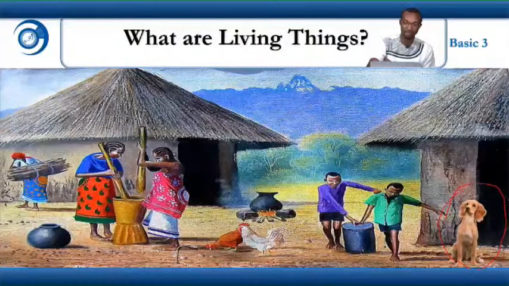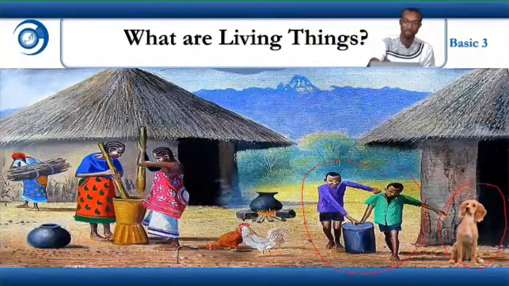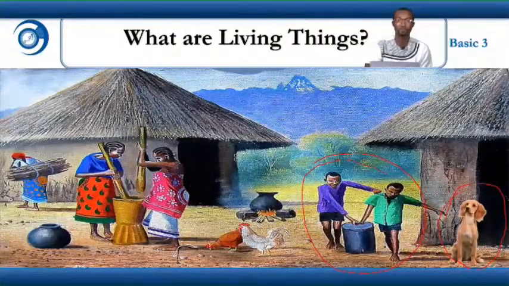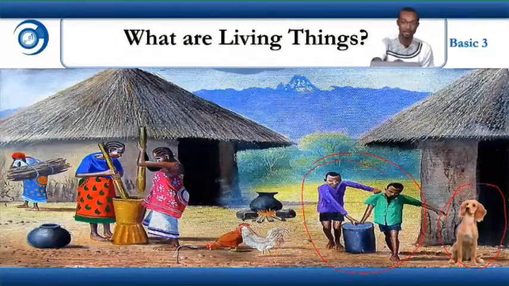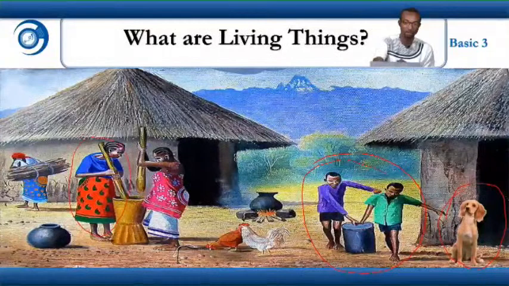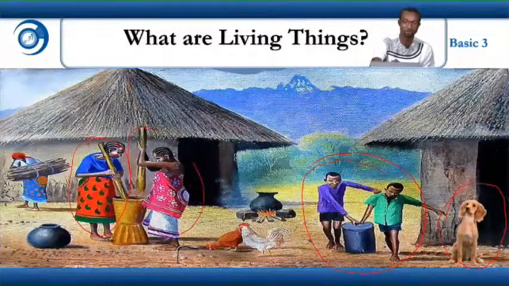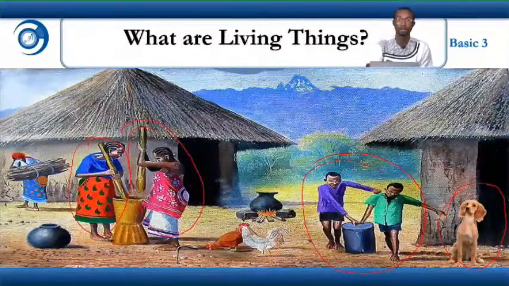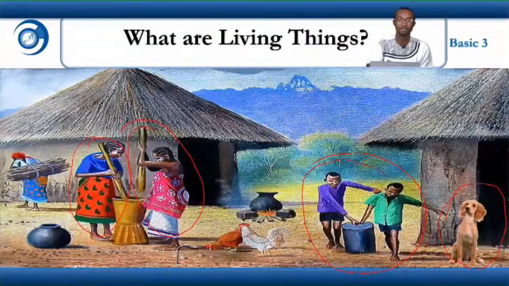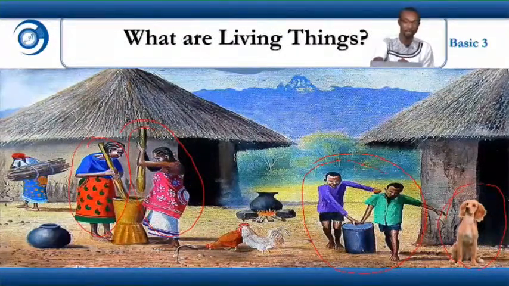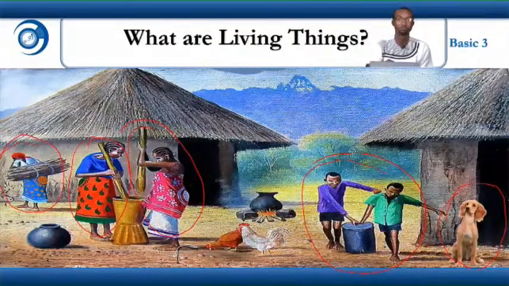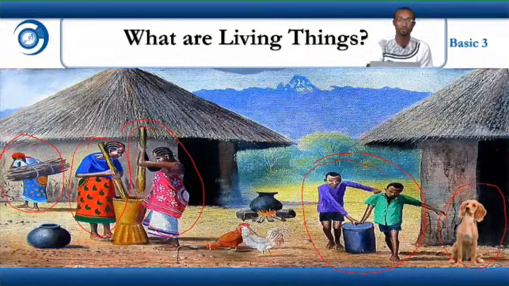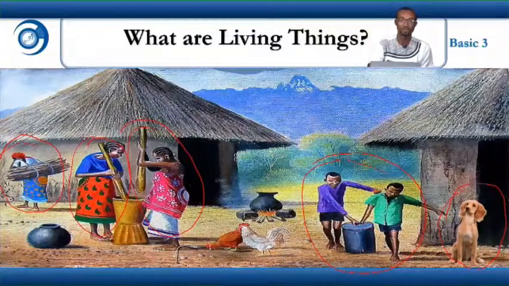Yes, the next one are the 2 people here carrying water. The next living thing we can identify here are the 2 women who are pounding. They are also part of living things. And we see another woman carrying firewood. That woman is also part of living things.